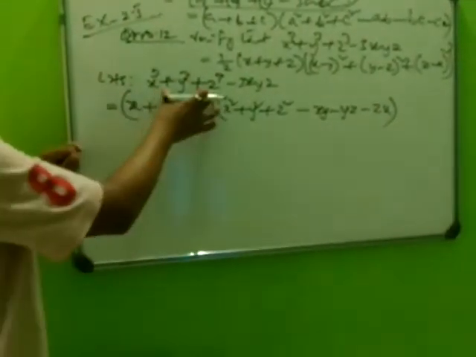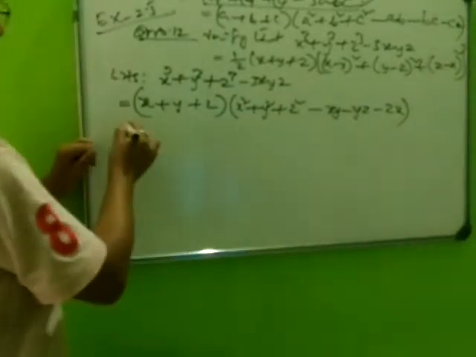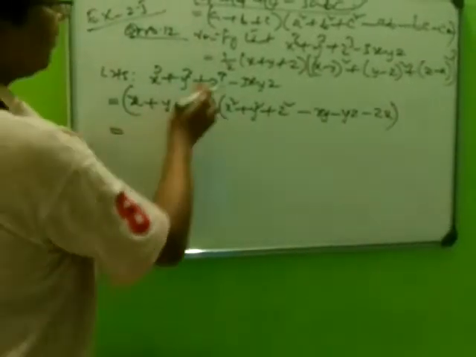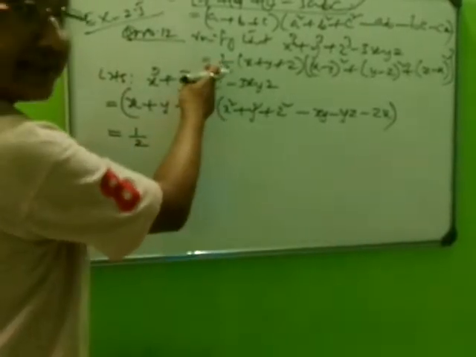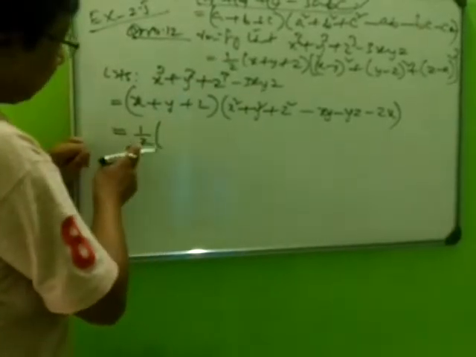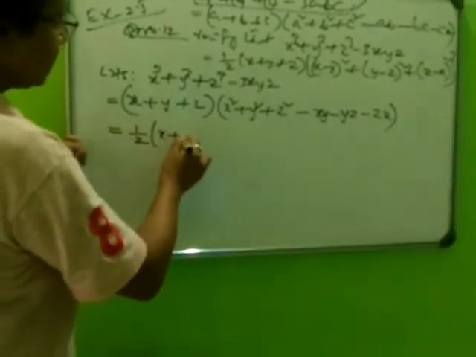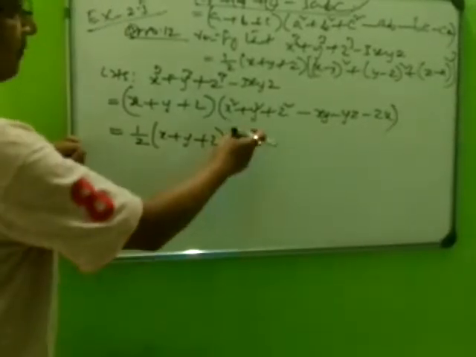Now from this identity, you have got this line. Now you see there is one half. So what do we do? By just seeing this right hand side, there is one half. So I took half, then x plus y plus z into, I will take here 2. I have just made it balanced.